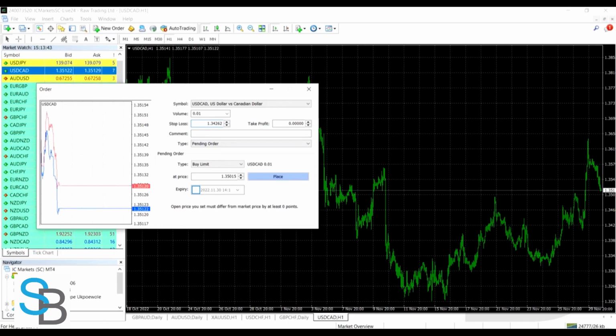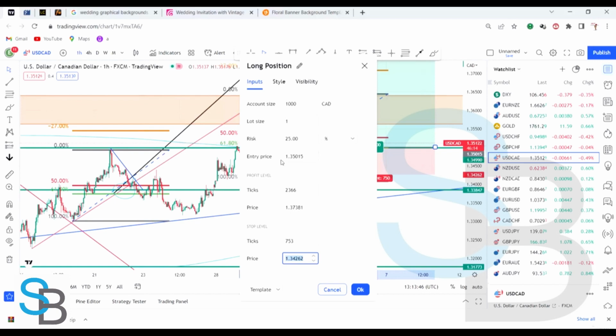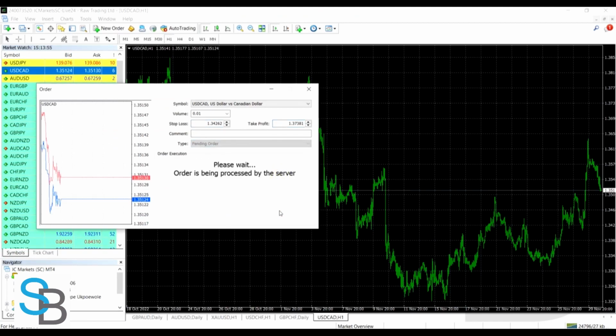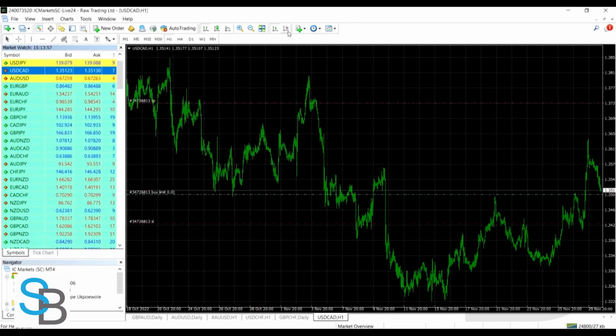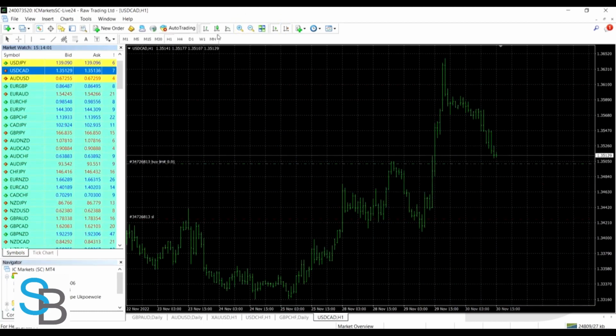Then for the take profit level, we have it here, and paste. Perfect. So now we're just waiting for it to touch here, and then the buy gets activated.